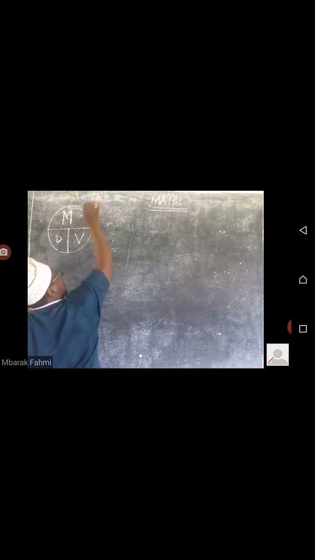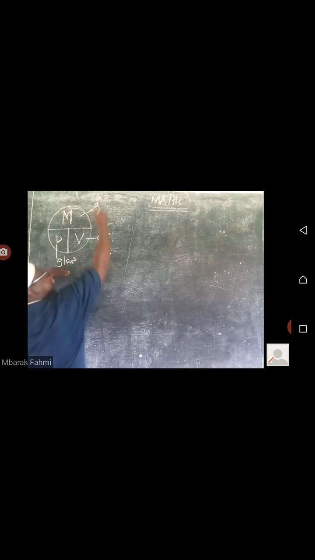This is what we are supposed to master, this combination of mass, density, and volume. The mass is supposed to be in grams, the volume in cubic centimeters, and the density in grams per cubic centimeter.